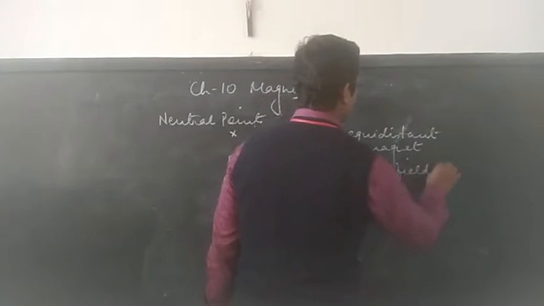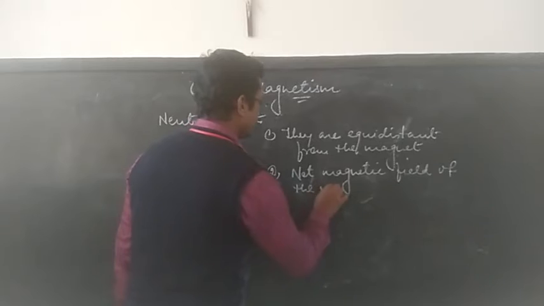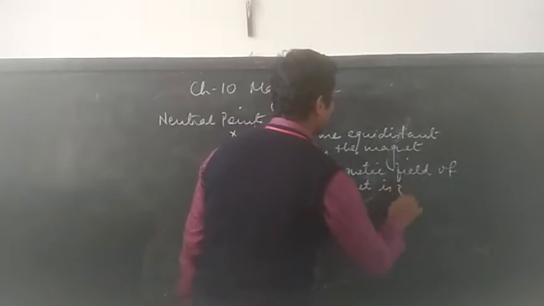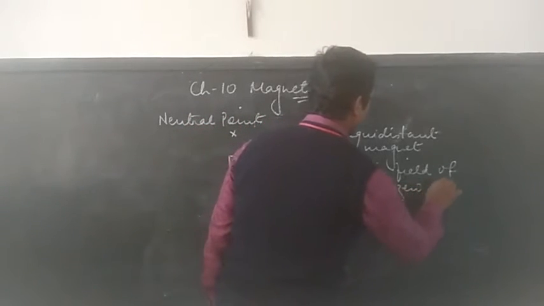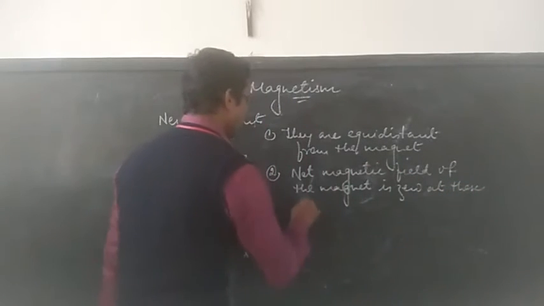The net magnetic field of the magnet is zero at these points, at these neutral points.